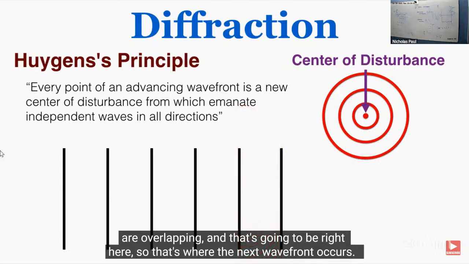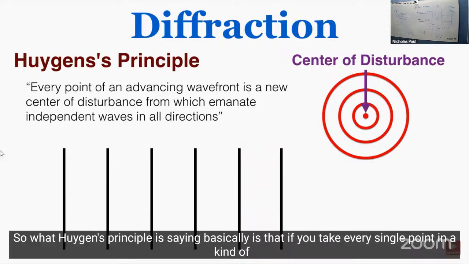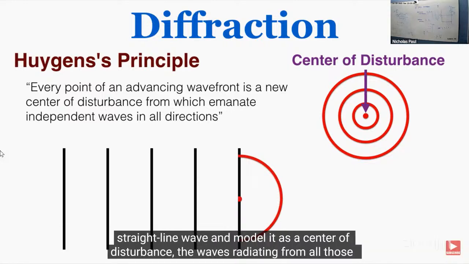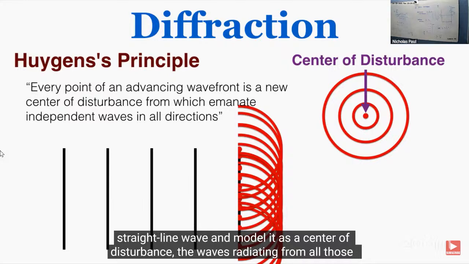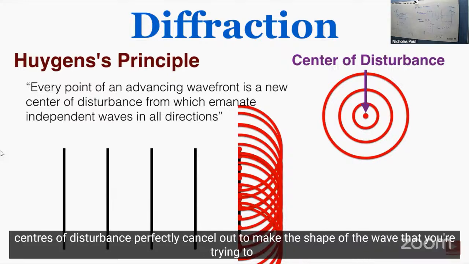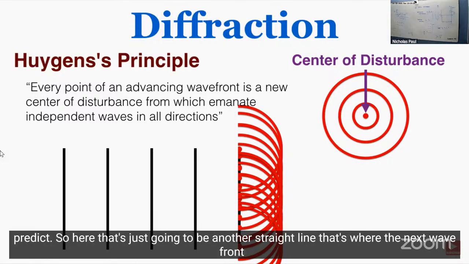So that's where the next wavefront occurs. So what Huygens' principle is saying basically is that if you take every single point in a kind of straight line wave and model it as a center of disturbance, the waves radiating from all those centers of disturbance perfectly combine to make the shape of the wave that you're trying to predict. So here that's just going to be another straight line. That's where the next wavefront will occur.